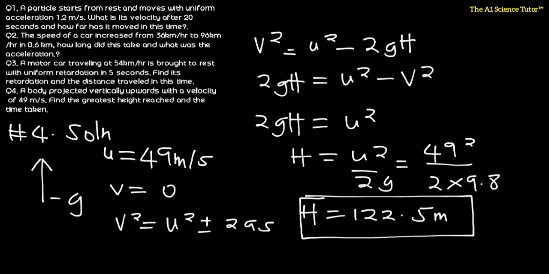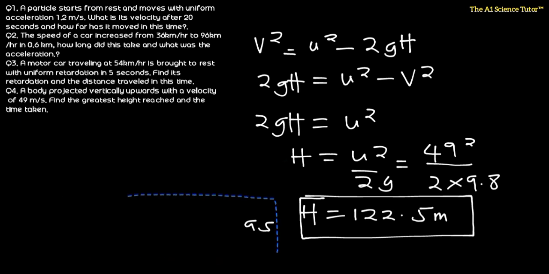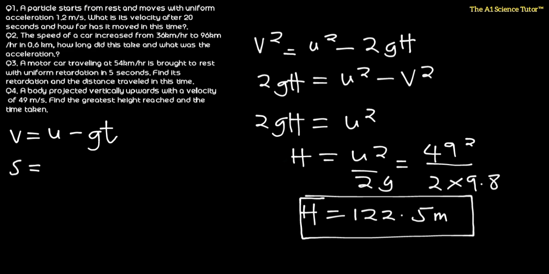Now we need to find also the time that was required for this motion. So which formula should we use? Now it's very possible for us to use this one. v is equal to u minus gt, or you could also use s is equal to, or I should rather say h in this case. Let us start with the original equation.